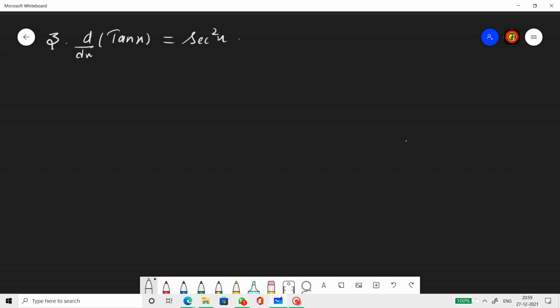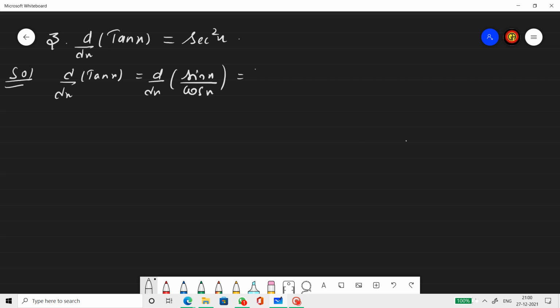Next, differentiation of tan x, which is secant square x. We're going to solve this by first principle. Derivative of tan x equals derivative of sine x by cos x.